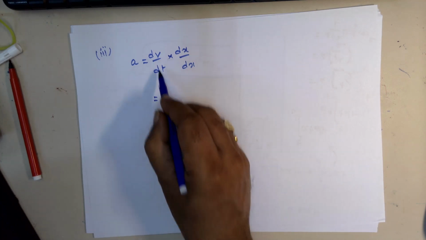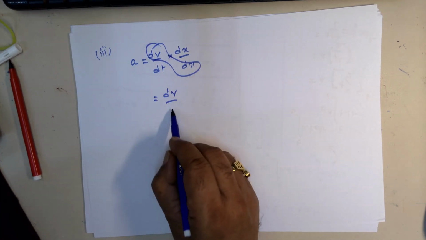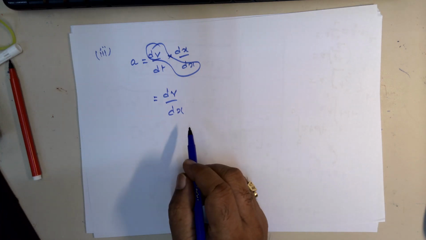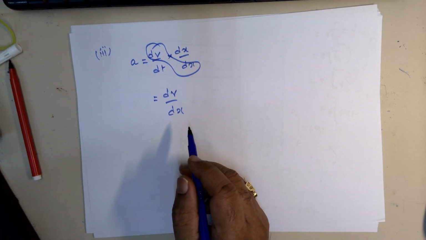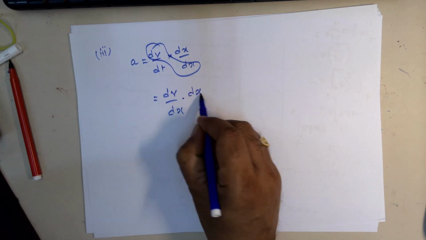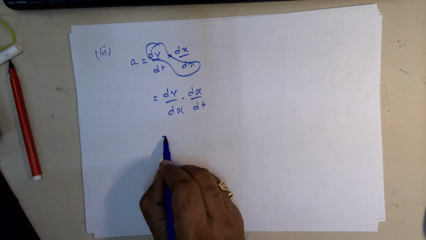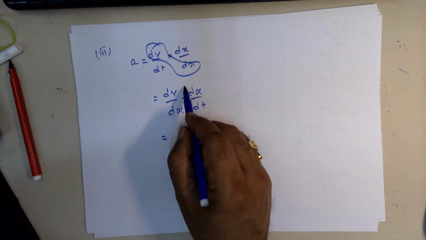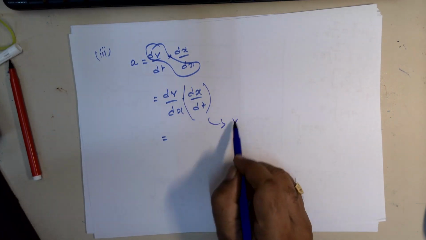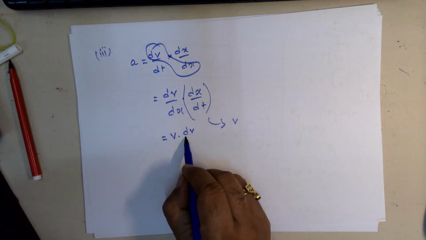And now you can bring this as dv by dx, into the remaining dx by dt. Got it? Done. So it means this dx by dt is nothing but v, right? So I can put comfortably v into dv by dx.